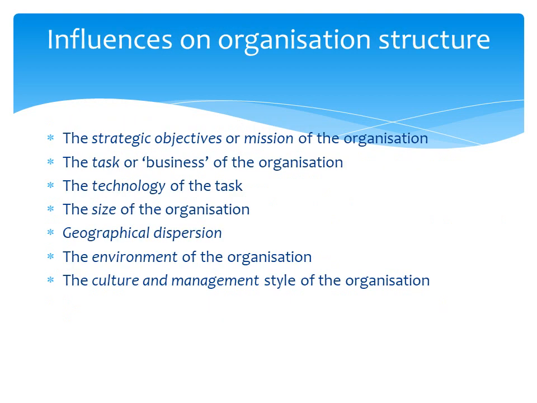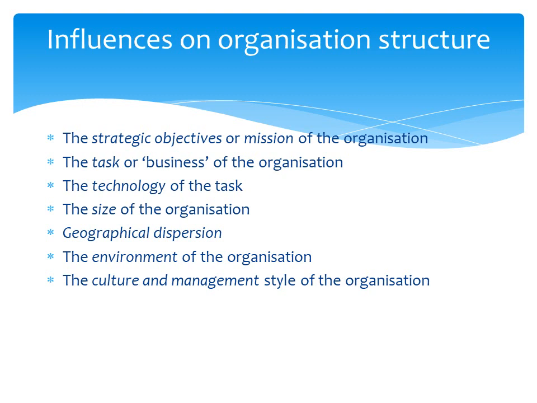What influences structure? Well, just as you hinted there, Yabu, the objectives or mission. So if you're trying to make profit, your company structure will be different than if you're a charity. So what's the business trying to do? Technology, where you are in the world, how spread out you are, how big the company is. If you're a little company, you don't need 65 departments and managers.